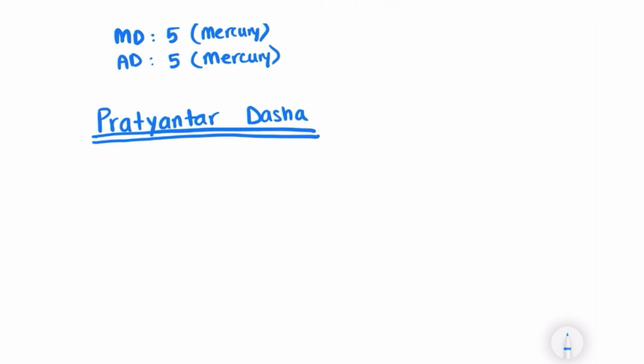So you must know how to calculate Antardasha before you begin to calculate Pratyantardasha. So what we will do now is we will take this person's date of birth, which is June 8th, and we will just put the current year. So this is the date, month, year.